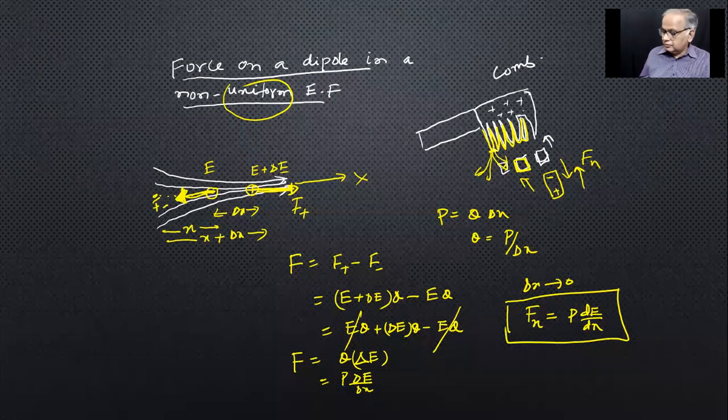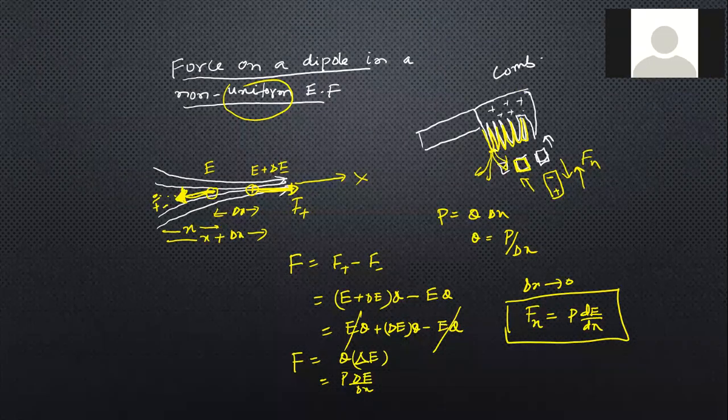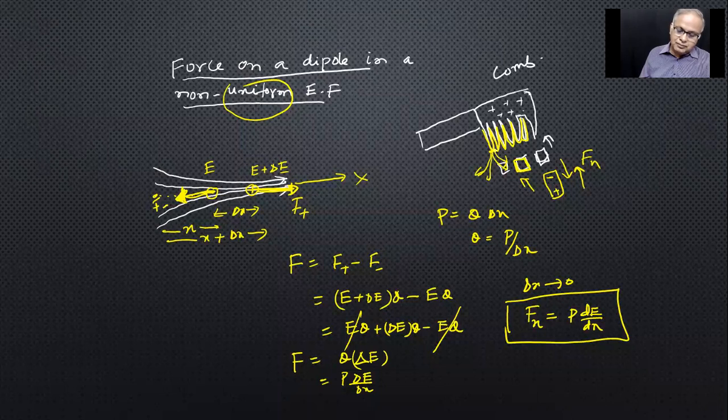If there was a uniform field, then what would happen? Of course, here you must have seen it's not only attraction, but there will be a kind of twirling also.